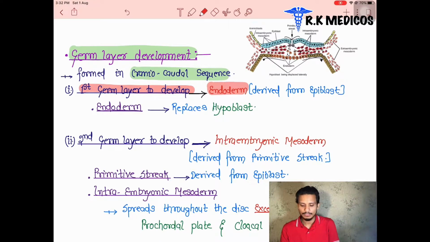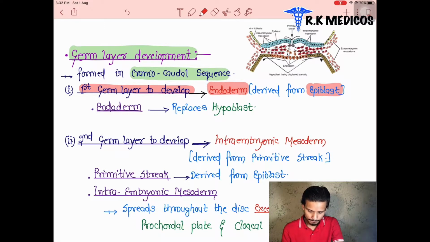Now you tell me, the endoderm is the first germ layer developed? Yes. And they are developed from which cells? Epiblast cells. The epiblast cells are first going to be modified into the primitive streak, and then further form a germ layer. That one is called the endoderm. Simple.